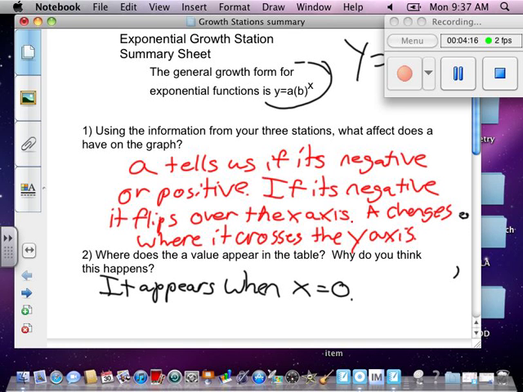Why do we think this is? Anything taken to the zero value is what? 1.